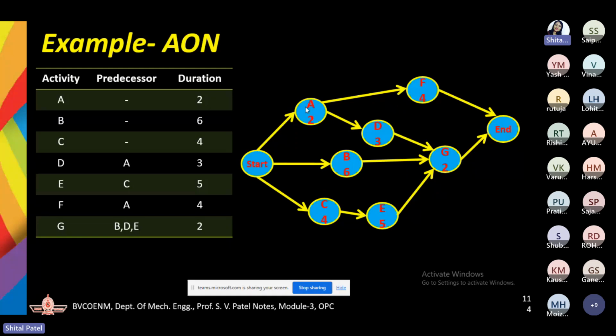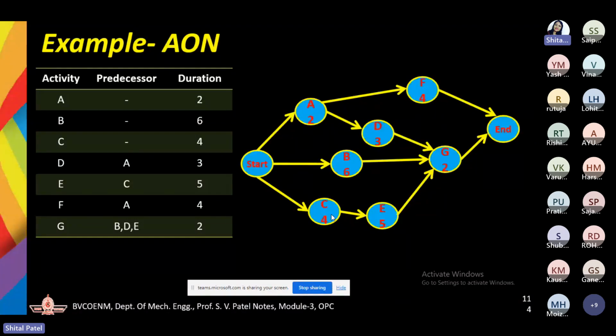Then we don't have a predecessor for B, so we are also connecting it with the start event. Then C also doesn't have any predecessors, so that is why we have considered it as a start. So we are proceeding with A, B, C as starting activities connected with the start node.